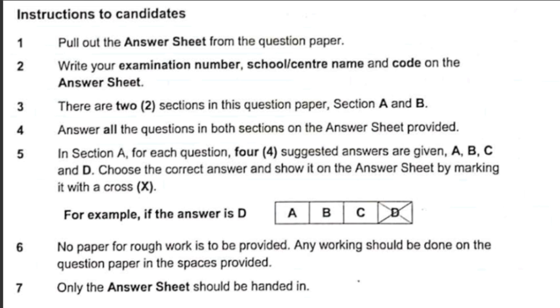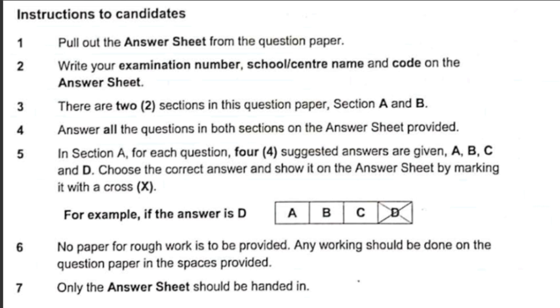I've seen these common mistakes with students, so please make sure the answer sheets and the question papers are given to the right persons. Do not put your answer sheet in the question paper, please.